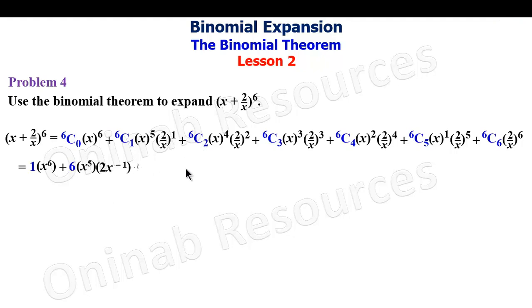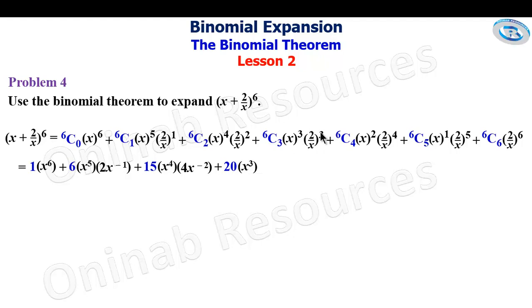Then the next term, plus 6 combination 2 gives 15, then x raised to power 4. And this one, 2 squared will give us 4, then x raised to power negative 2. So we have it as 4x raised to power negative 2. Then plus 6 combination 3 gives 20, x raised to power 3.